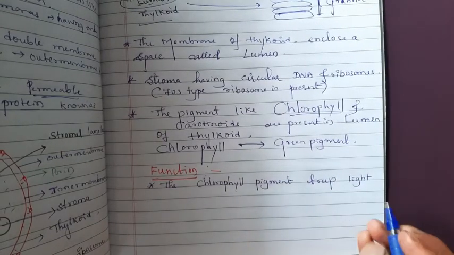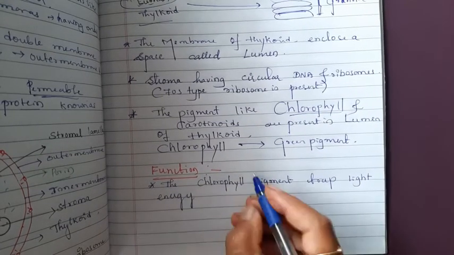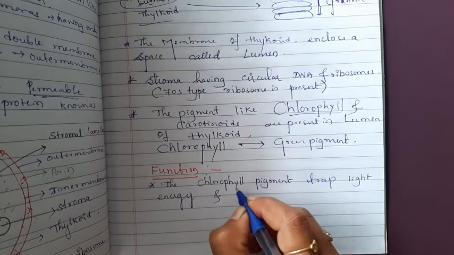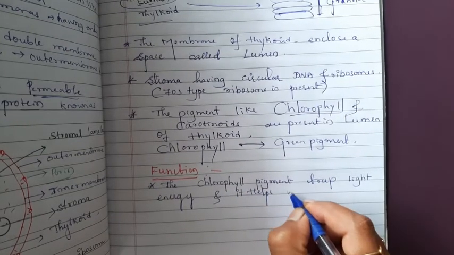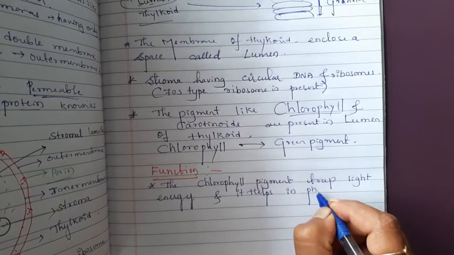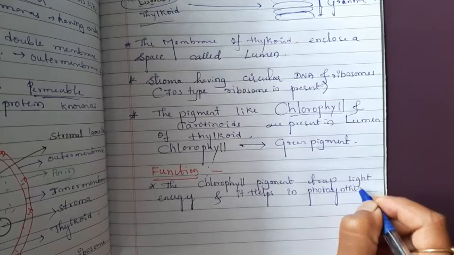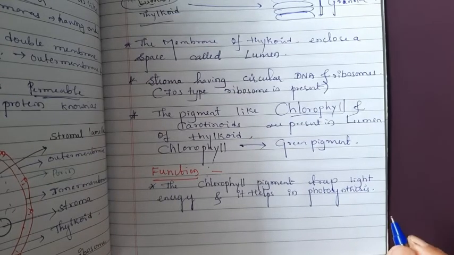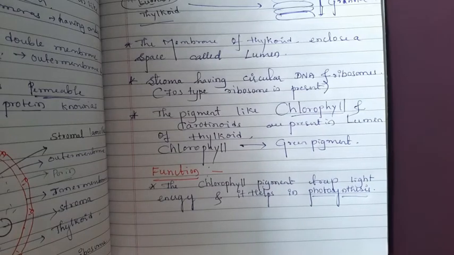It absorbs the light energy and it helps in photosynthesis. Photosynthesis means dvitiya samshleshane, we call it in Kannada.